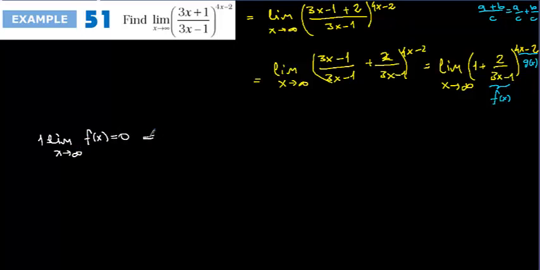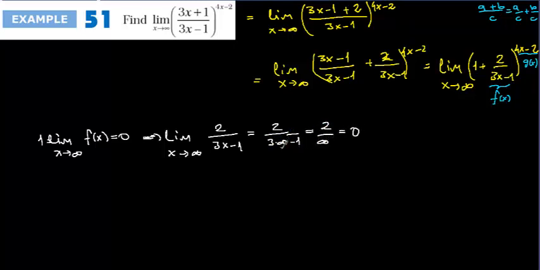Let's see that one. Limit x tends to infinity 2 over 3x minus 1, this is the fx value, is equal to 2 over 3 times infinity minus 1, that's equal to 2 over infinity, and that's equal to 0. So the first condition is satisfied.